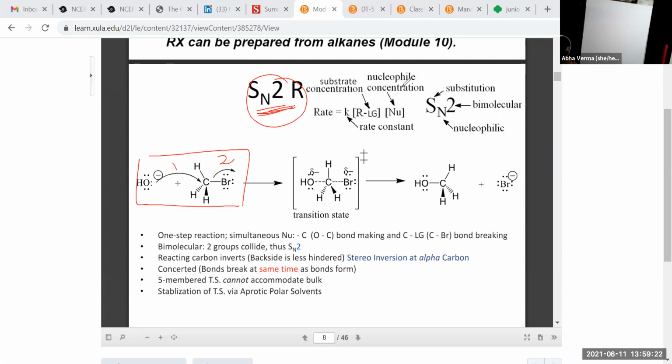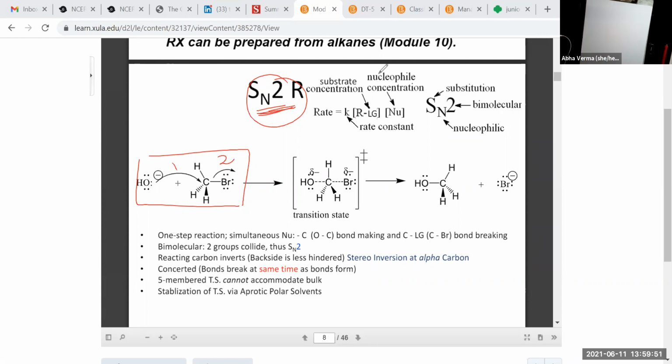You know, when an apple falls from the tree, the apple doesn't have to stop midway in the air, and then stop midway in the air again before it reaches the ground so I don't break up or crash into half. The apple just falls naturally. So that is what 2 consecutive steps, a concerted step, means.